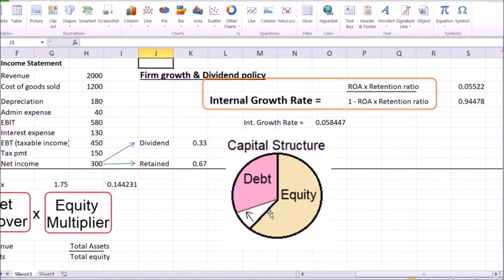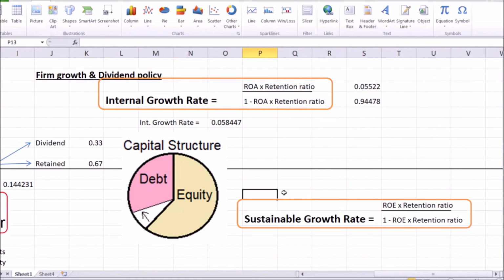In that case, the company might want to adjust this internal growth policy into a sustainable growth policy, where again part of net income, part of profits is added as retained earnings to the equity on the balance sheet, but at the same time the amount of debt on the balance sheet is also increased by the amount which is just enough to keep the capital structure where it is, to keep the split in percentage terms between debt and equity unchanged.